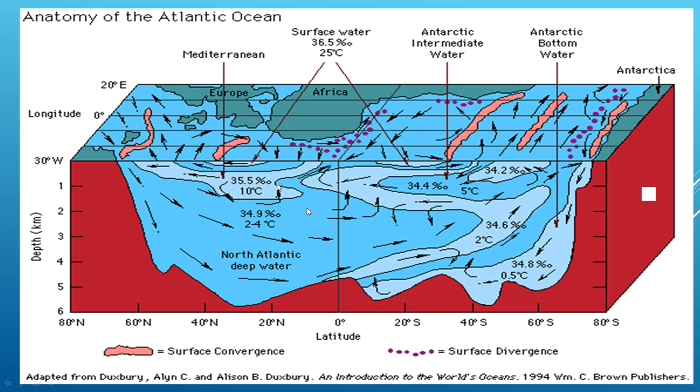Now we can start looking at some actual values. So for the Mediterranean water, okay, they're saying 10°C and a salinity of 35.5 practical salinity units, PSU. Okay. Now look at the North Atlantic deep water. The salinity is less, 34.9. But it's considerably colder, 2 to 4°C.